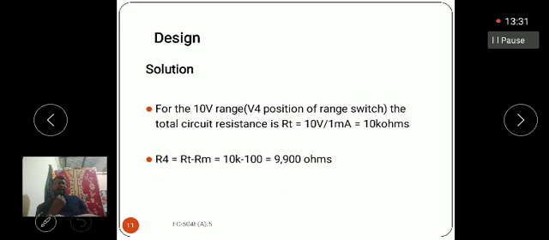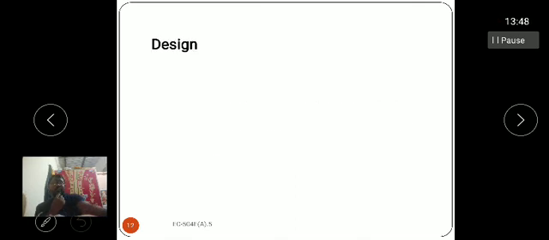Then finding R4: R4 is equal to total resistance minus Rm, that is 10K minus 100 ohms. Finally we get R4 equal to 9900 ohms. This is the first step.